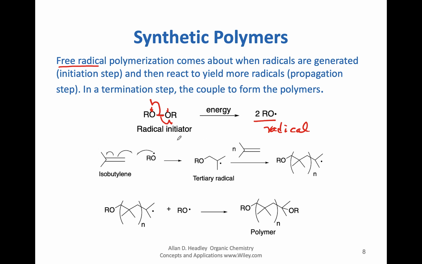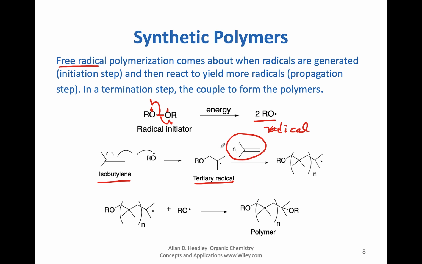You know from your reactions before, a radical is an intermediate, not stable. So in the presence of isobutene, for example, it will form a bond right here, and of course a tertiary radical will be generated. So as you can imagine, in the presence of another monomer, it continues to react, forming another stable radical.